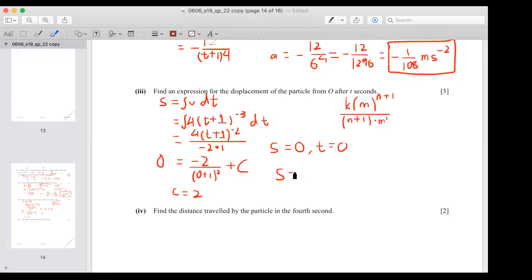So the expression for s is negative 2 over (t plus 1) squared, plus 2. That is our expression.